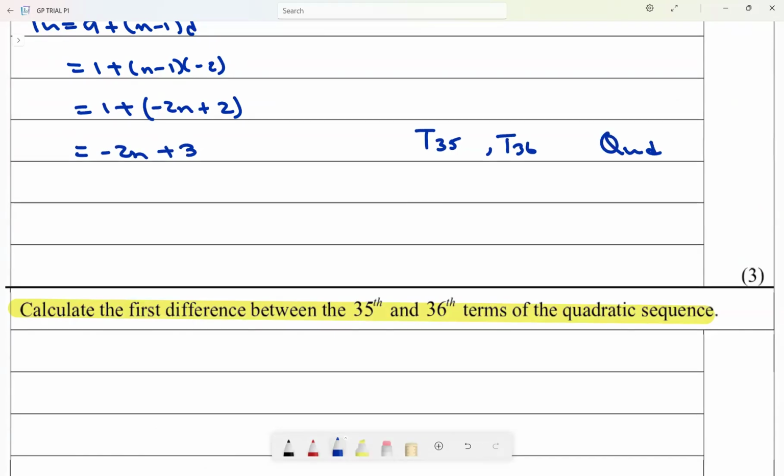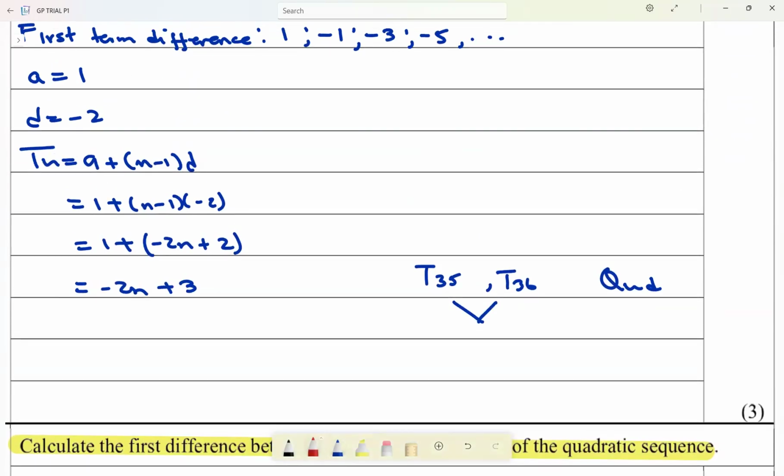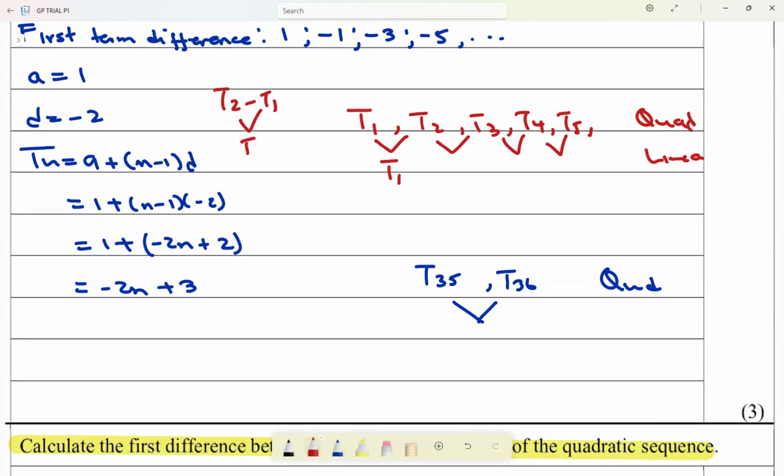What I normally tell my students is that when you have a quadratic pattern, the difference T2 minus T1 forms T1 of the linear pattern, and T3 minus T2 forms T2.